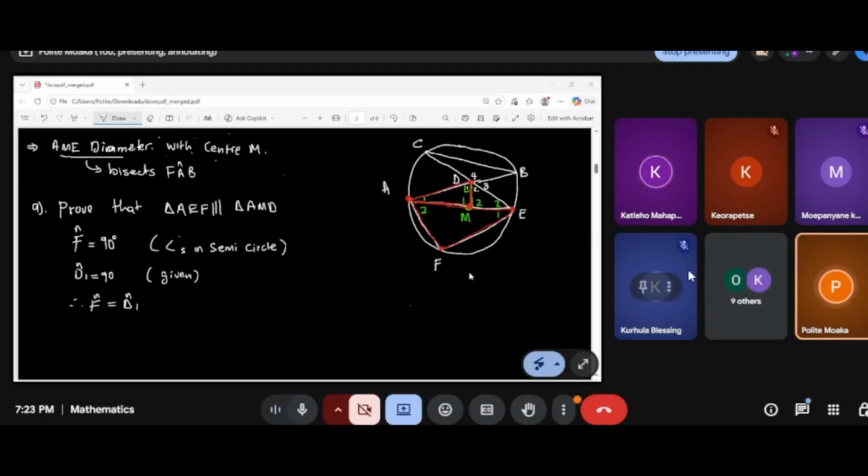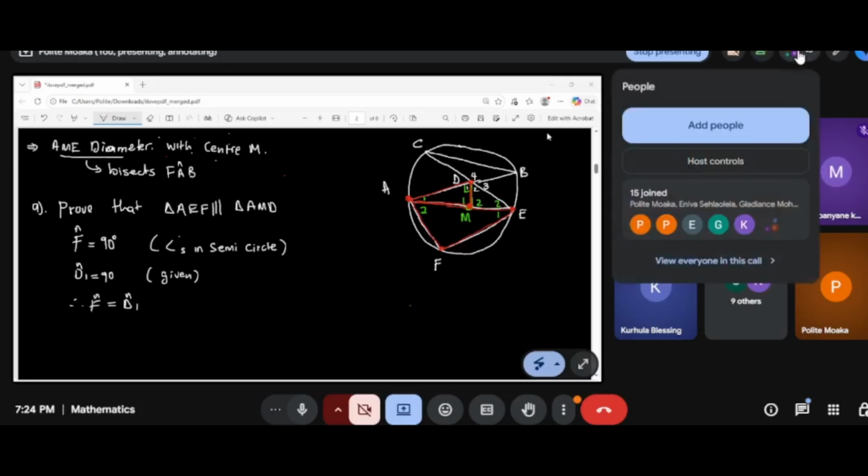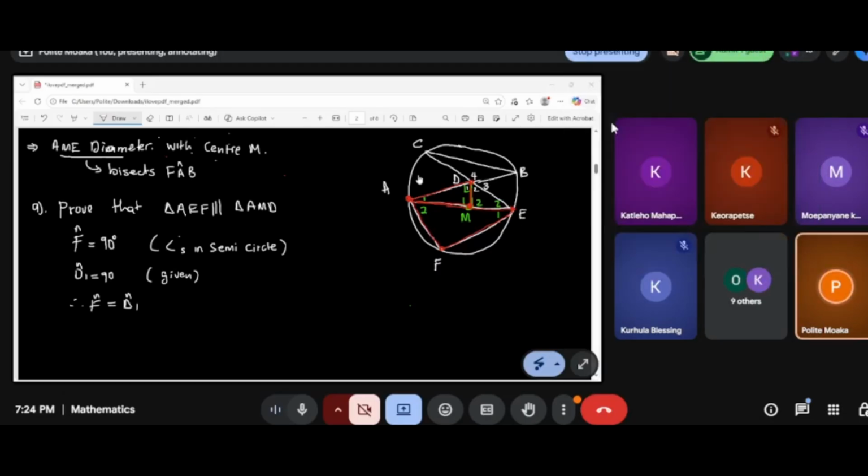Please say it again. Sir, you gave us that AME is a diameter and it bisects angle A. Exactly, guys. Can you see where Katleho is going with this? Katleho is saying that the diameter bisects angle A.